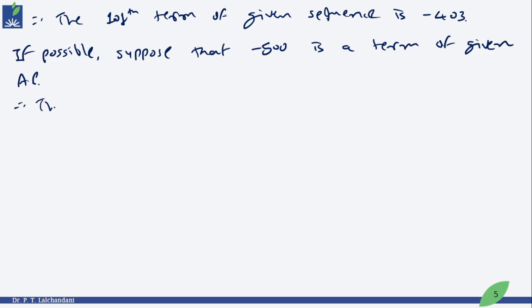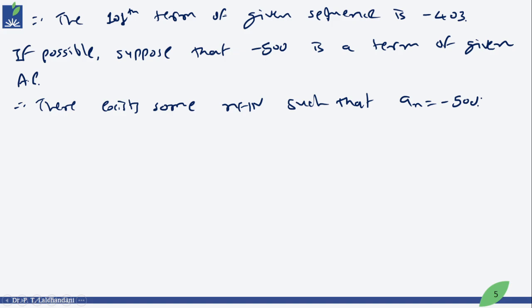Therefore, there exists some n belonging to N such that an is equal to minus 500, right? Therefore, an is equal to a1 plus n minus 1 into d.